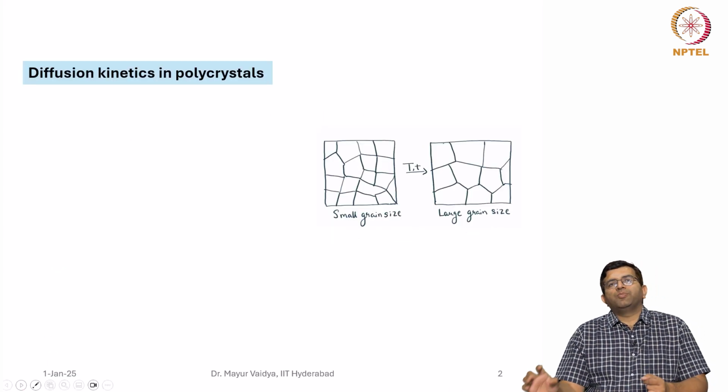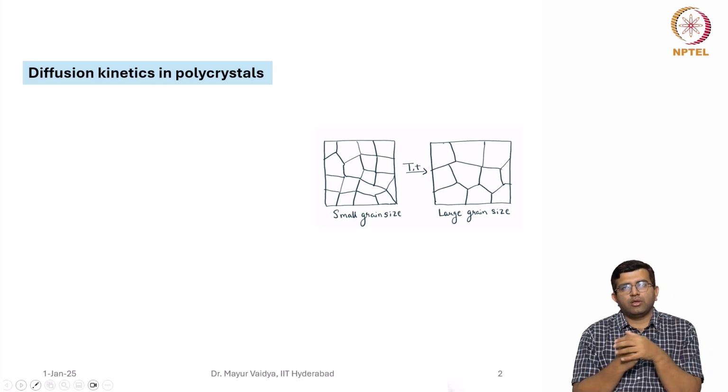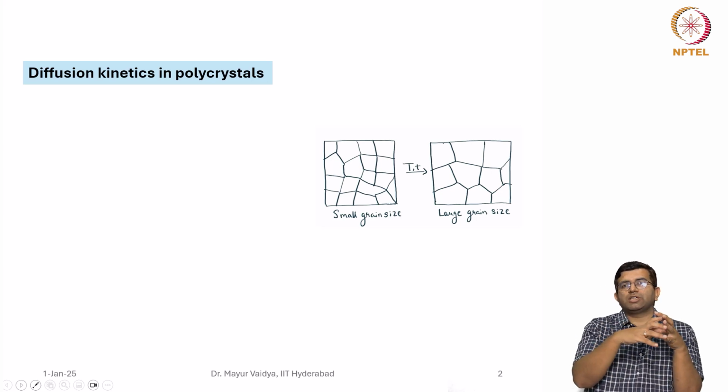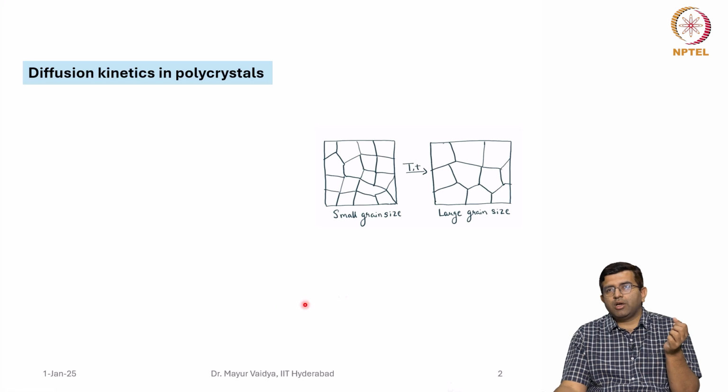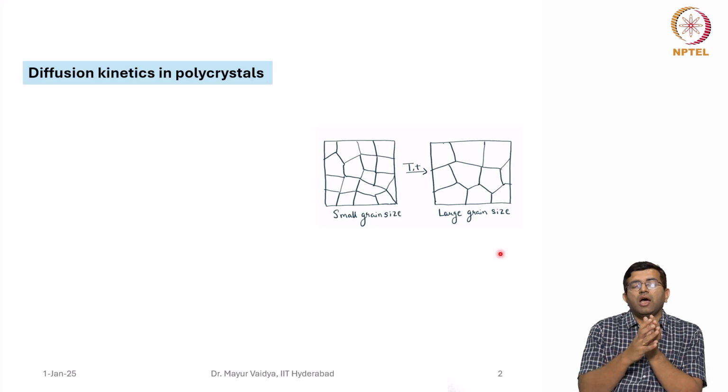When it comes to polycrystals, we know there is a decent fraction of grain boundaries, and not only that, the grain boundary fraction can change. For example, with grain growth, a small grain size initially grows to a larger grain size.